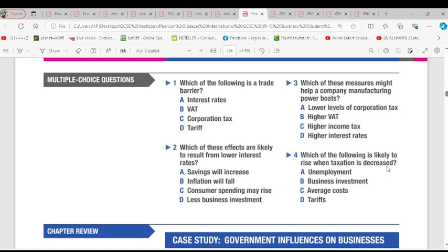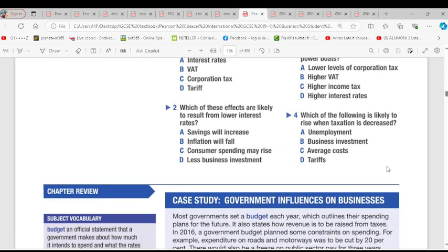Higher VAT? No, it's A, a low level of corporation tax, because when your taxes are low, it increases your profit. Then you get encouraged to produce more. Of course. It's A.